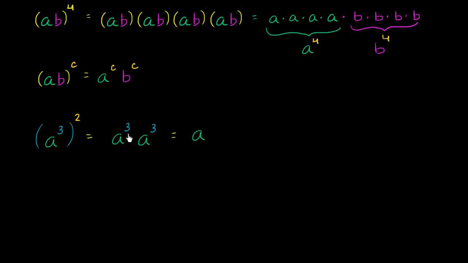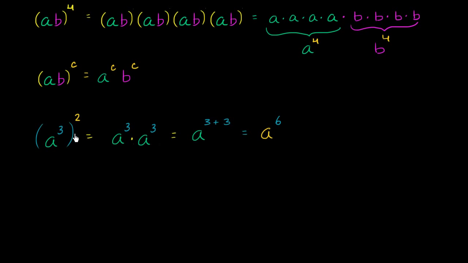We have the same base, and so we would add the exponents, because they're being multiplied. So it's going to be the sum of the exponents, which of course is going to be equal to a to the 6th power. So what just happened over here?